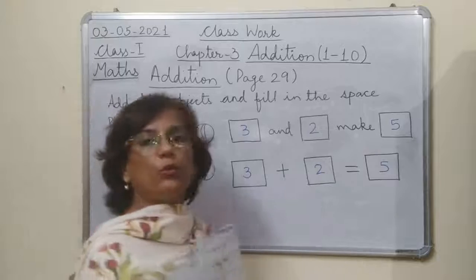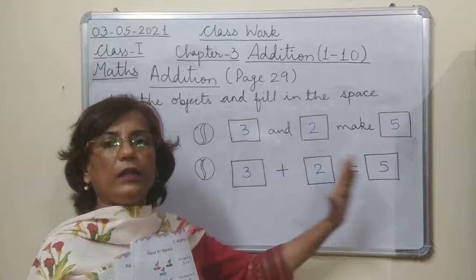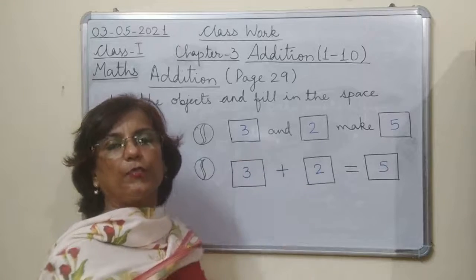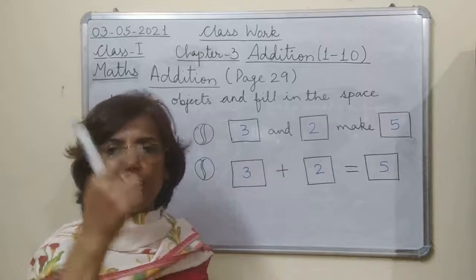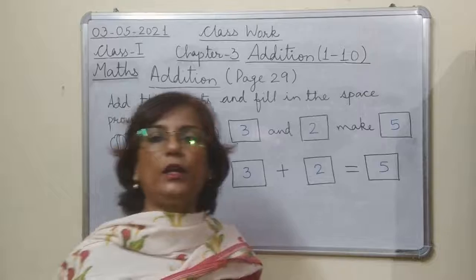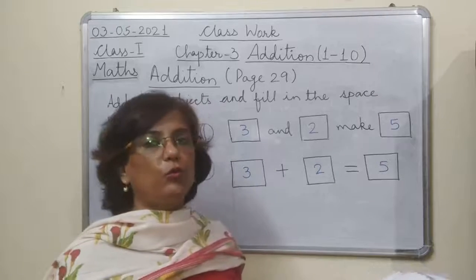So 3 plus 2 is equal to 5. Right now we are writing the addition horizontally. हम इसको horizontal लिख रहे हैं एक लाइन में. After this we will do the same thing by writing them vertically also. जो vertical addition होता है. Okay. So 3 and 2 is equal to 5.